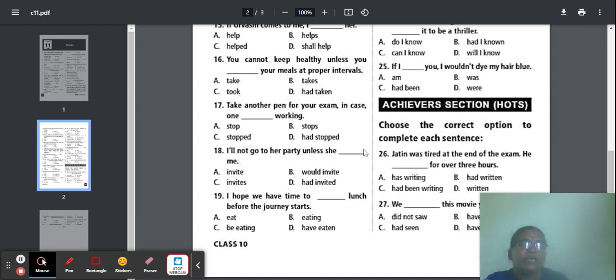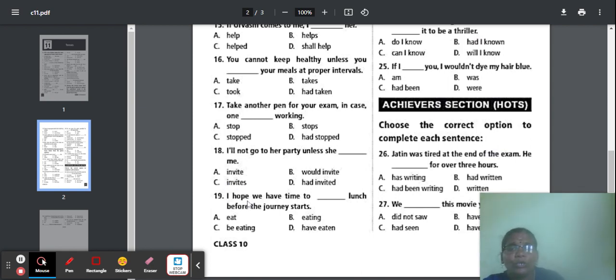So previous future tense means here present tense. Previous condition present tense means here future tense. So she invites. She, the third person singular present tense, verb plus s, isn't it? She invites. So option C is the correct answer.